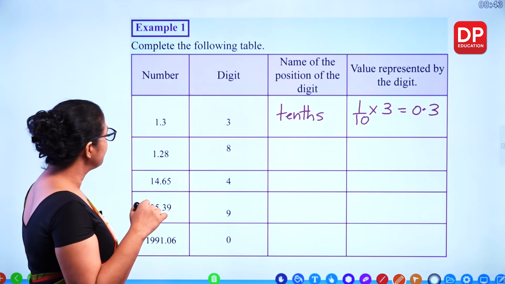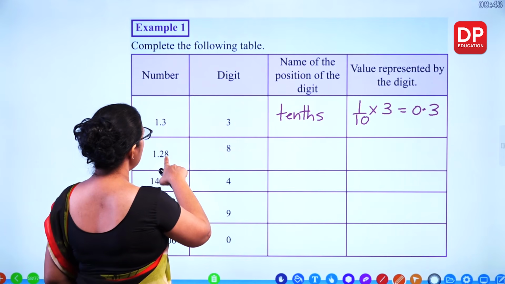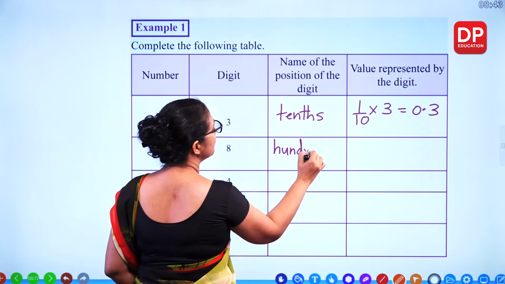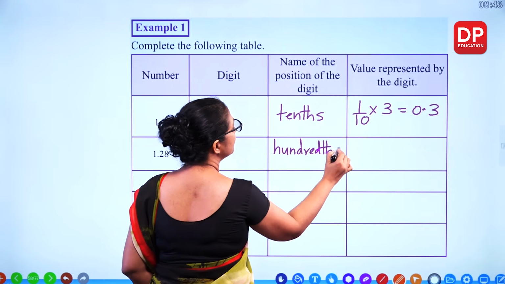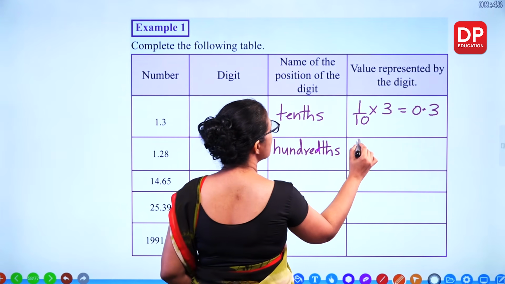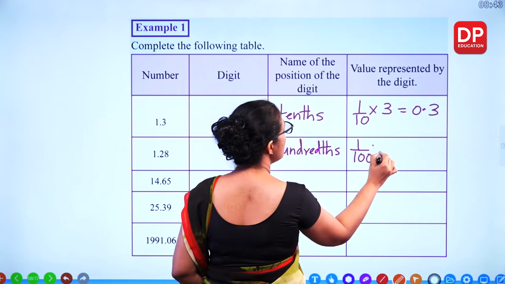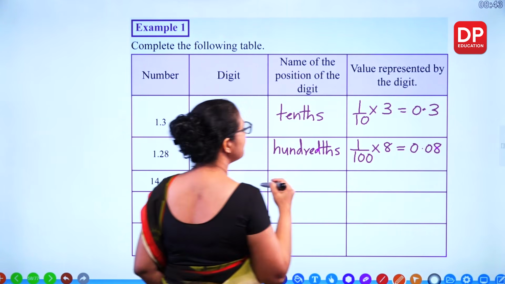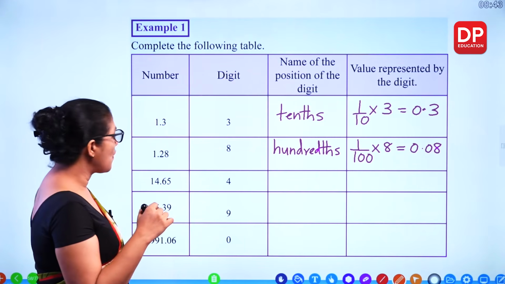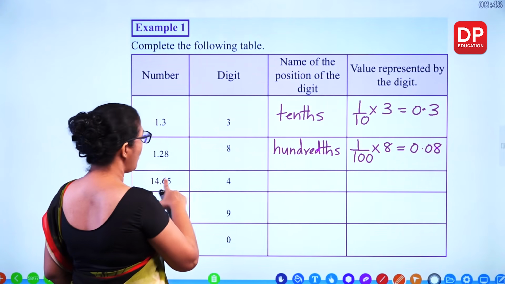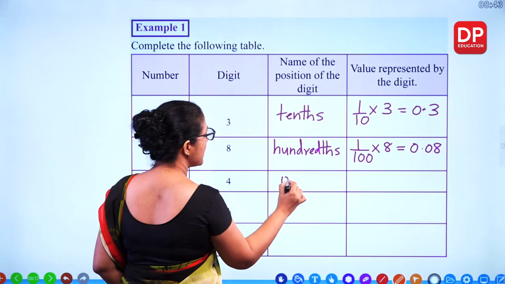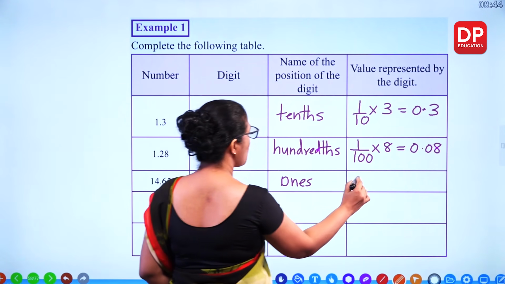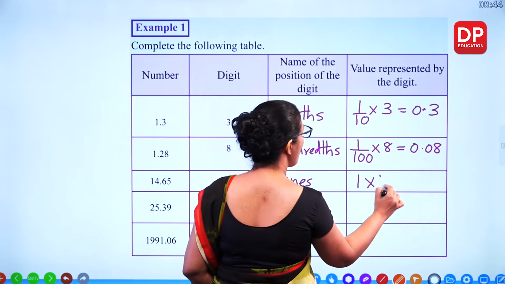1.28. 8 is in the hundreds place. So you can write 8. So that means 1 over 100 into 8. 0.08. 14.65. 4 is in the ones place. And here that means 1 into 4.